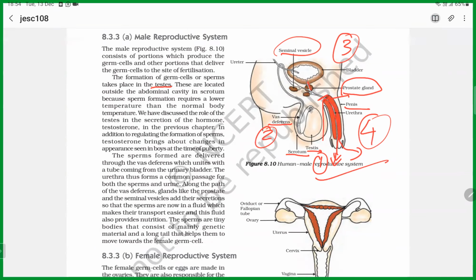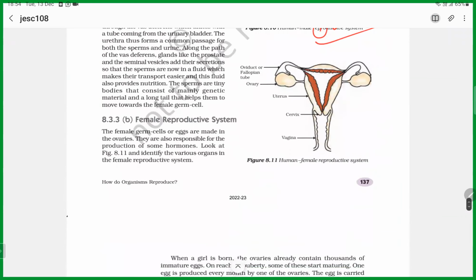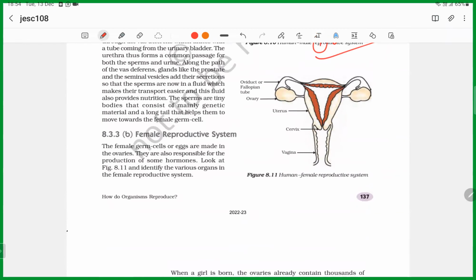And then coming to the female reproductive system, we have a pair of ovaries, which produce ovum, and then the oviduct called the fallopian tube; in the ovary egg cells are produced.